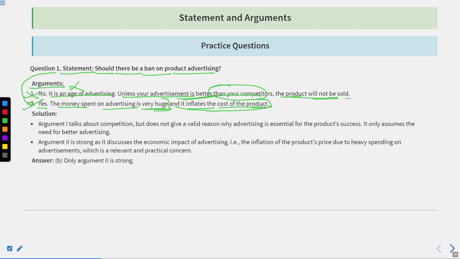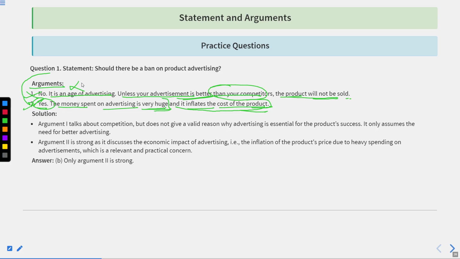So if the product advertisement is banned, the inflation of the cost of the product will be reduced and the product will become cheaper. This is the argument it is following. So this argument is a strong argument, although the statement in itself can be considered a little bit different, but there are discussions that take place for future prospects also.